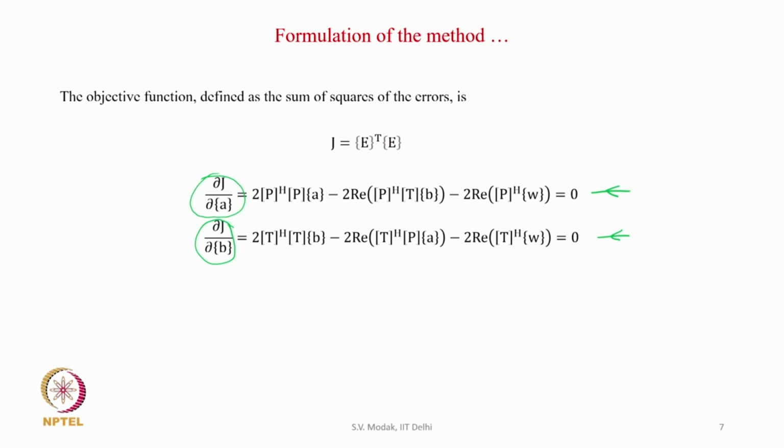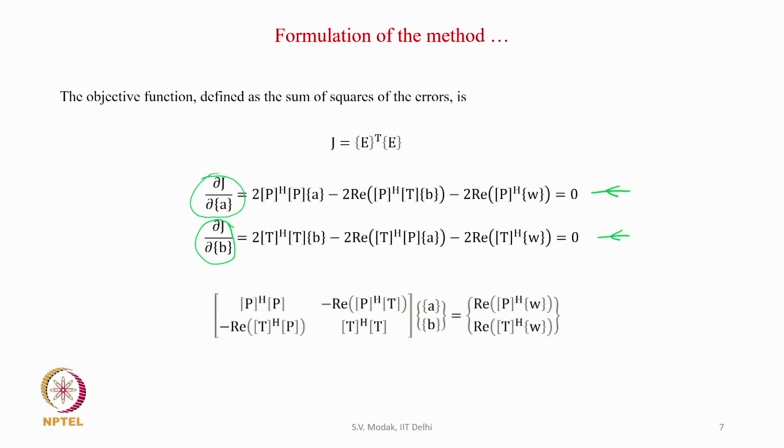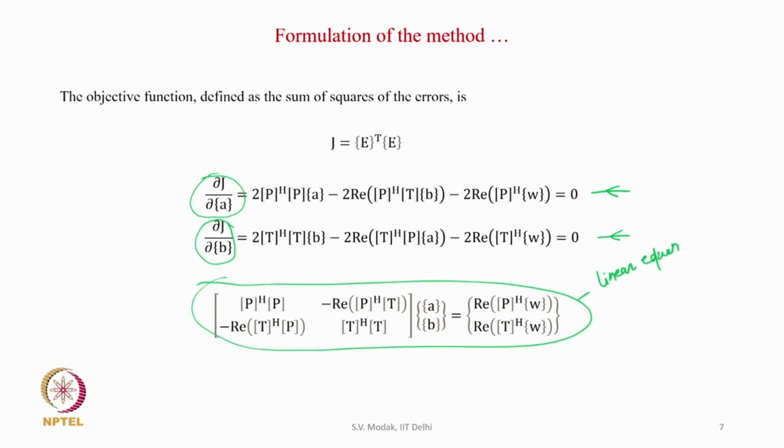These two matrix equations can be written in a compact matrix form like this. You can see these are linear equations in A and B, and the reason they are linear is that the objective function J is a quadratic objective function.